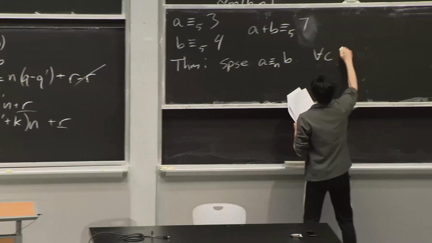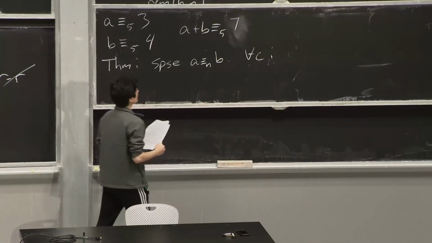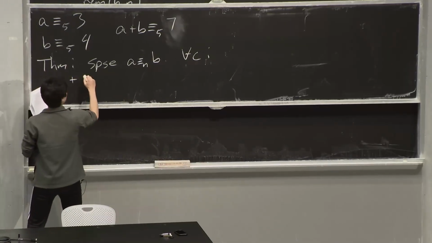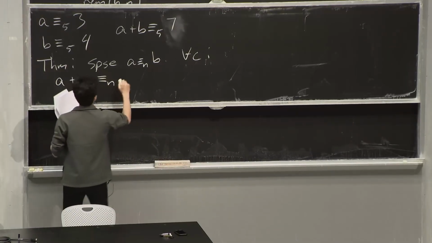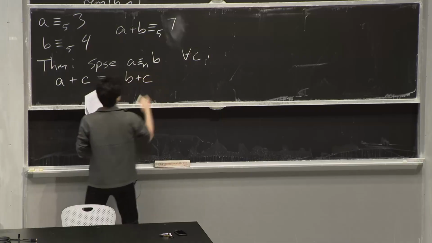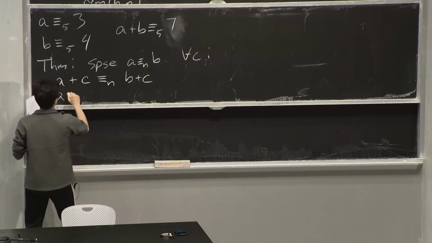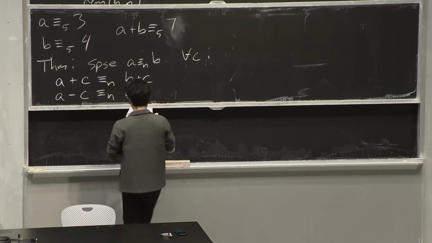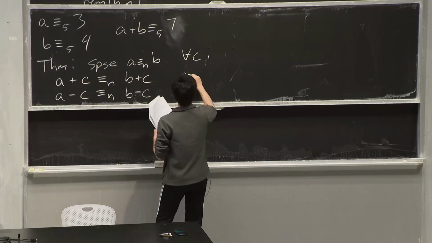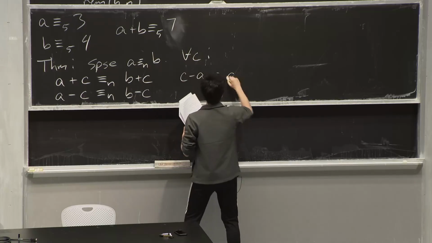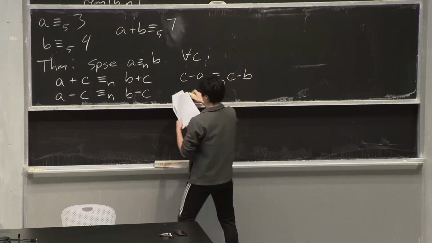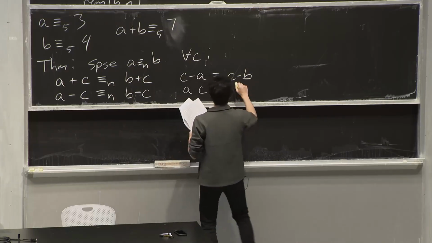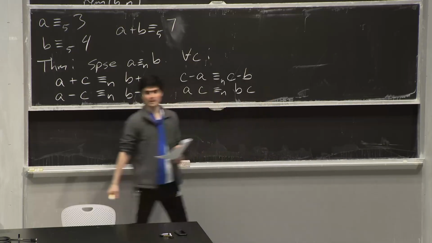Then for all c, we have the following. a plus c is congruent to b plus c. a minus c is congruent to b minus c. c minus a is congruent to c minus b. And a times c is congruent to b times c.